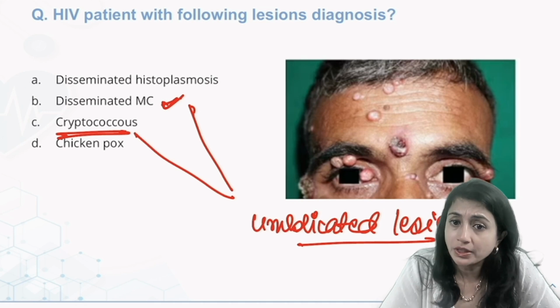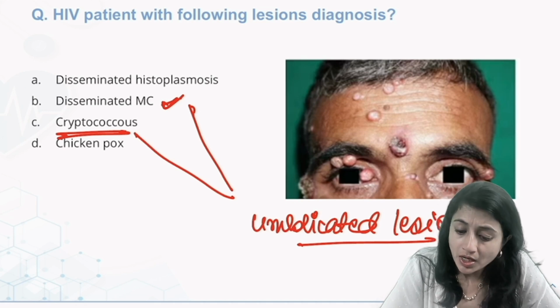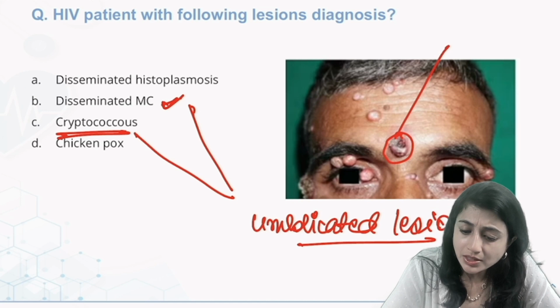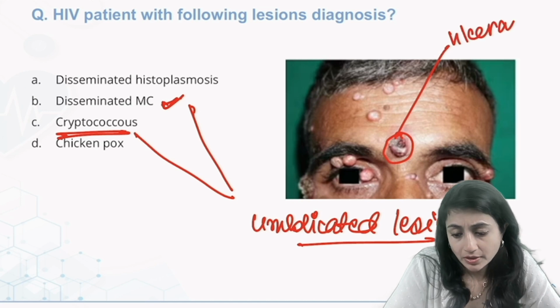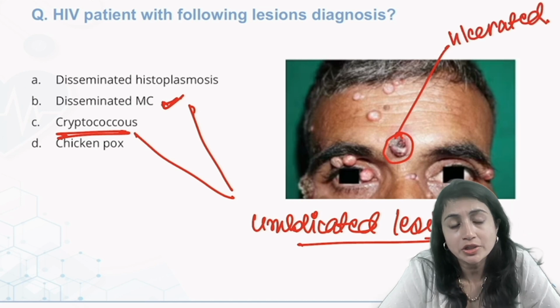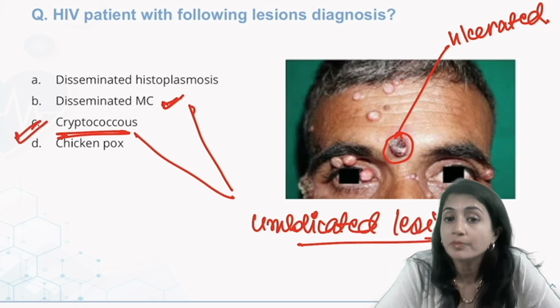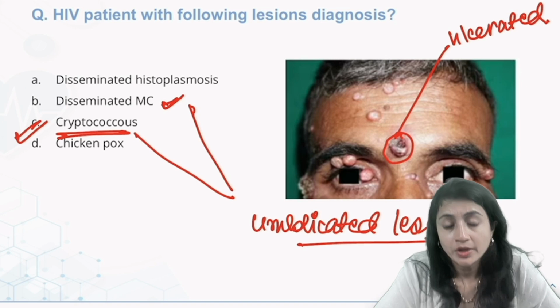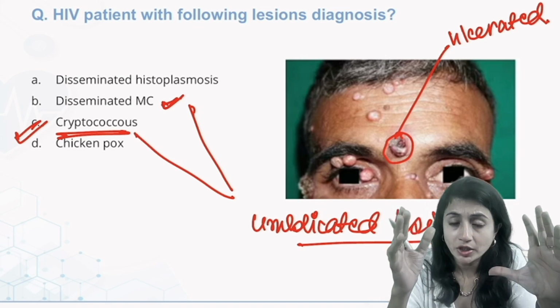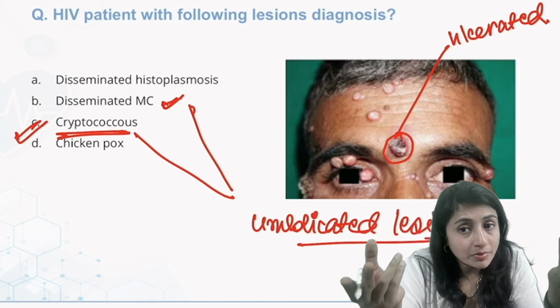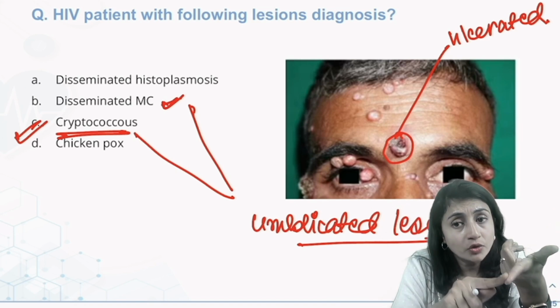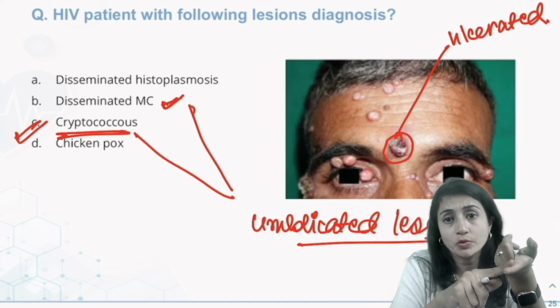If this was the particular image which was given, I am seeing an ulcerated lesion here. I am seeing an ulcerated lesion here. If there is ulceration, my answer will become cryptococcus here. Because when we have an HIV positive patient, there can be umbilicated lesions. We can think of molluscum, can think of cryptococcus.